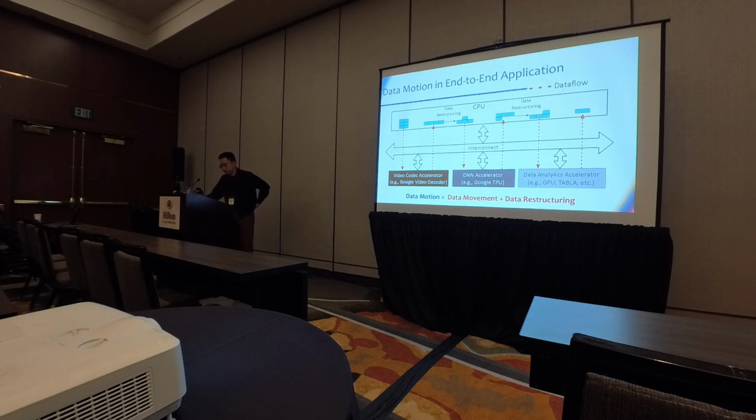Yeah, so let's look into the cloud. Imagine we map the very first example I talked about to a multi-acceleration system, where the video kernel is offloaded to a video codec accelerator, the DNN portion is offloaded to a DNN accelerator, and the data analytics kernel is offloaded to a data analytics accelerator.